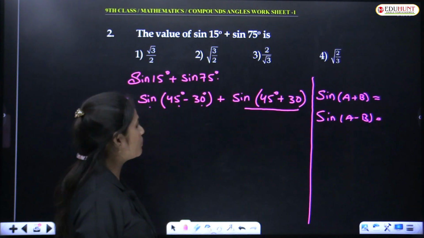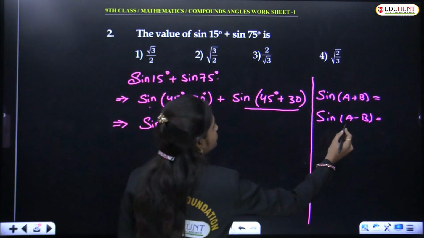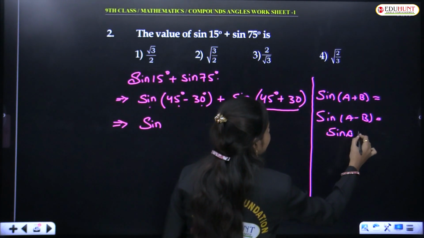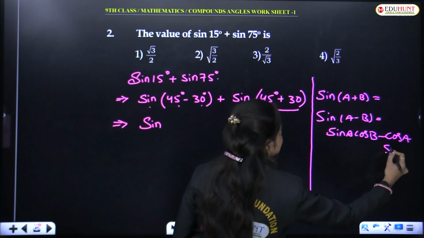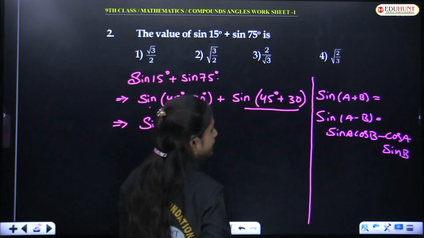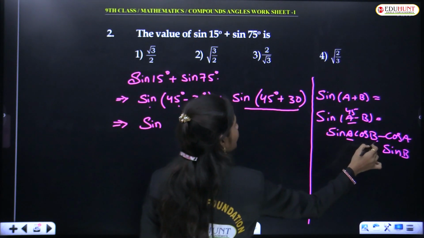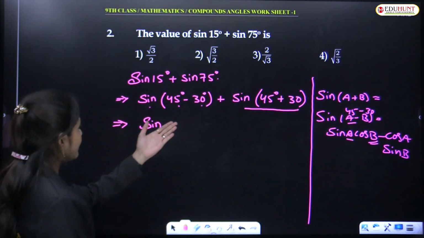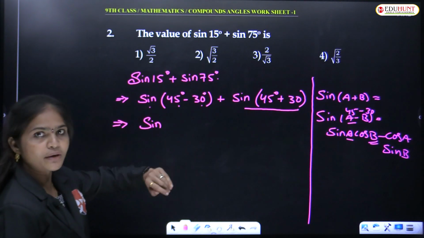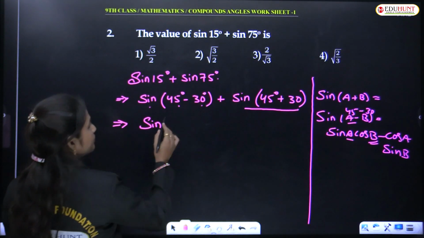Okay, so first formula, sine of A minus B. What is that formula? Sine A cos B minus cos A sin B. Okay, so in the place of A here we have 45, in the place of B here we have 30. By using those two values, tell me this one.